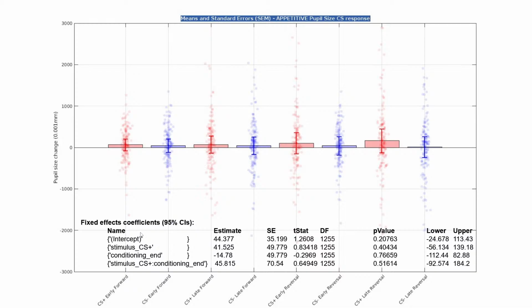The fixed effects were the phase, the start of the phase or the end of the phase, and the CS plus and CS minus. So the stimulus and the part of the phase were picked as fixed effects. The random effect, again, is the subject. The dependent variable is the pupil size change. So nothing significant was found, actually.